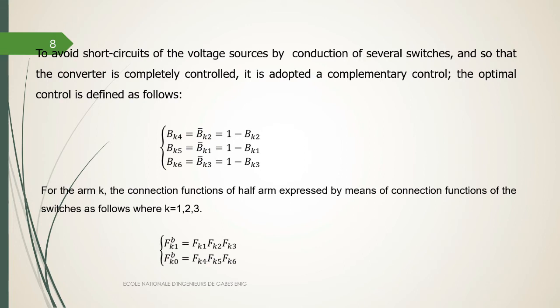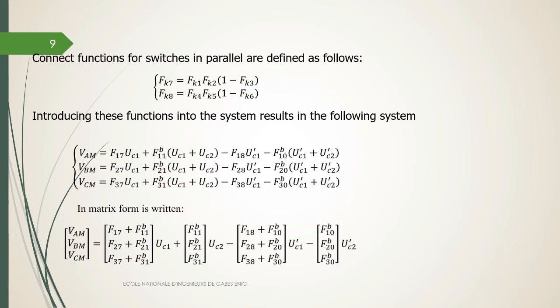Now I'm going to talk about the control strategy of 5 levels. First, the sinusoidal pulse width modulation SPWM technique produces a sinusoidal waveform by filtering an output pulse waveform with varying width.